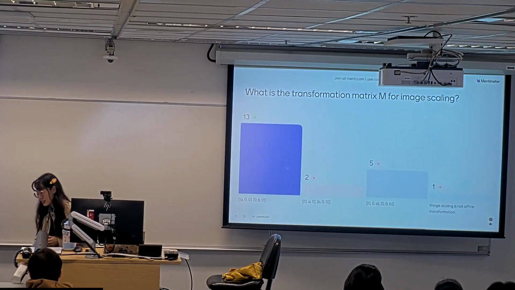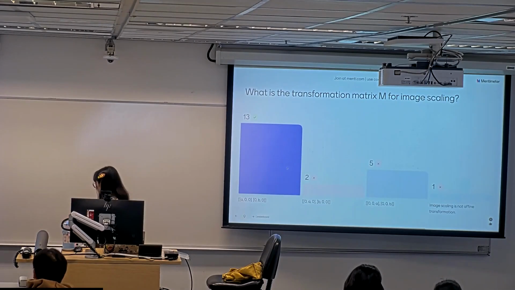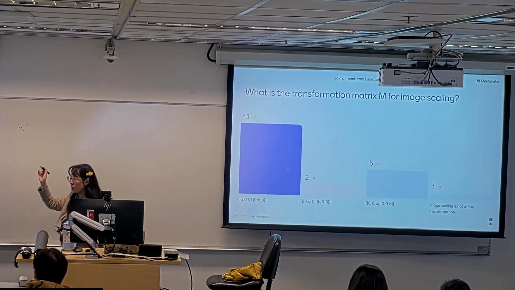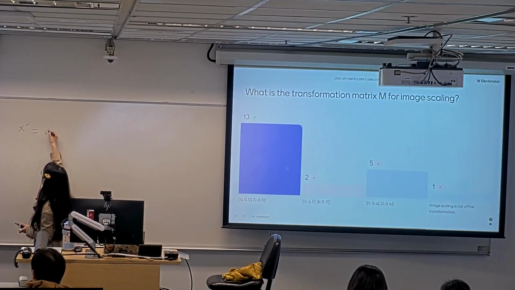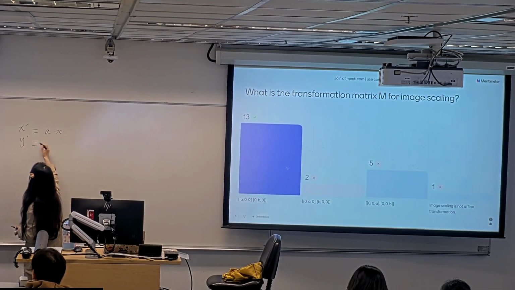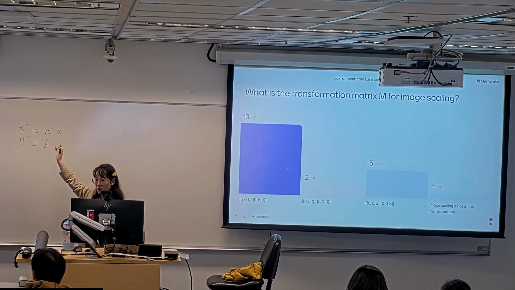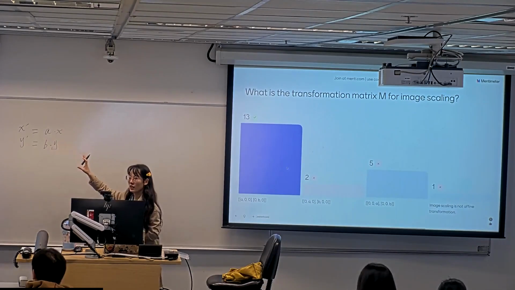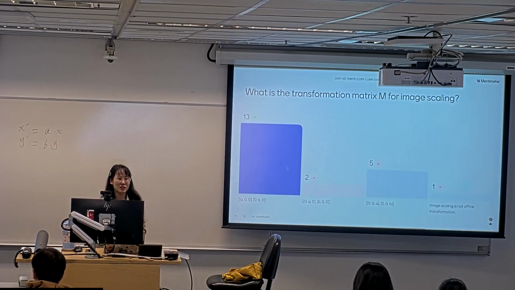Image scaling means that for some original image, you scale its width and height, right? In this case, the new coordinate x prime should be some scale factor a times the old coordinate x, and then the new coordinate y prime should be possibly another scale factor b times the original coordinate y. And we have to rewrite it using matrix multiplication because we need to get this big M.